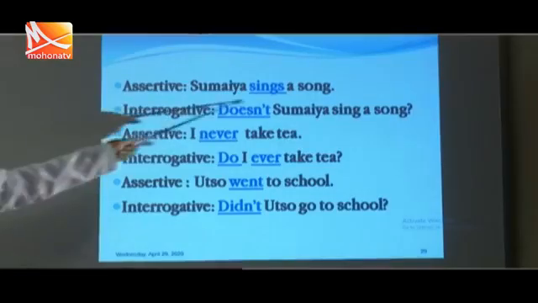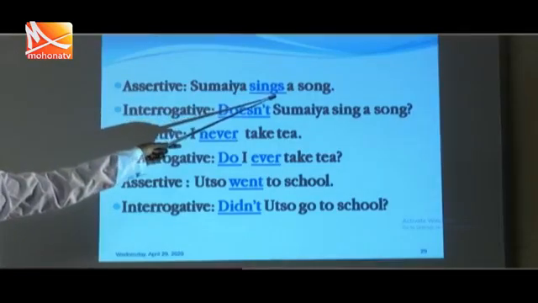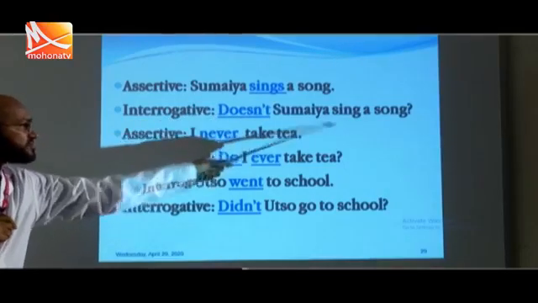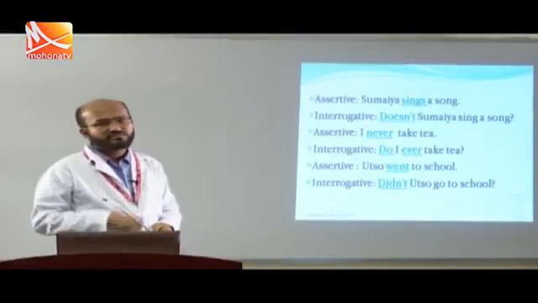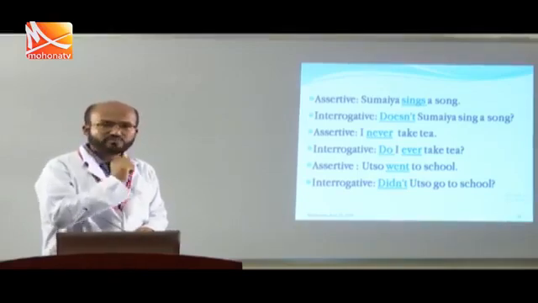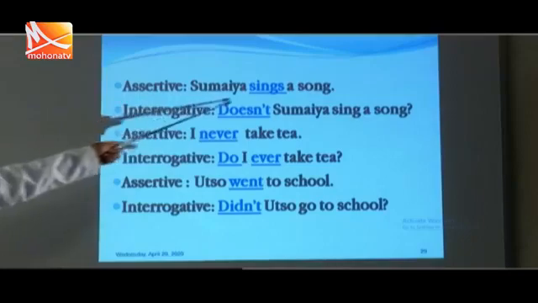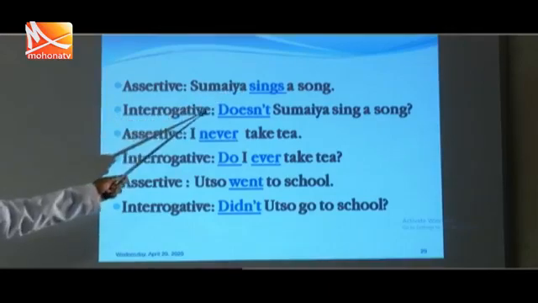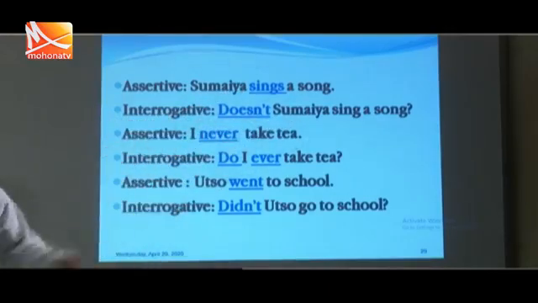So here the S is for that. Sings. Okay student? Doesn't Sumaya sing? Here you see. You use the word does. Why is there not? Because not is for this. The meaning is affirmative. So you have to use not. The short form contraction, that is doesn't Sumaya sing.